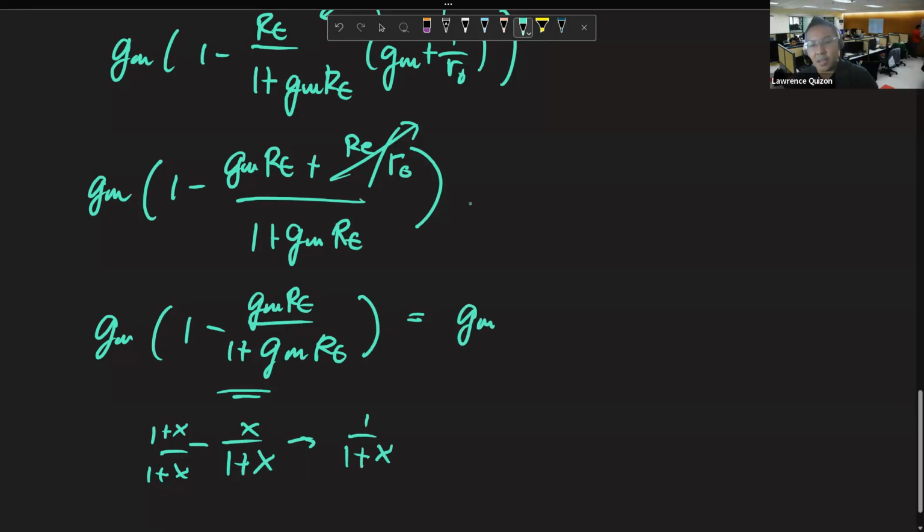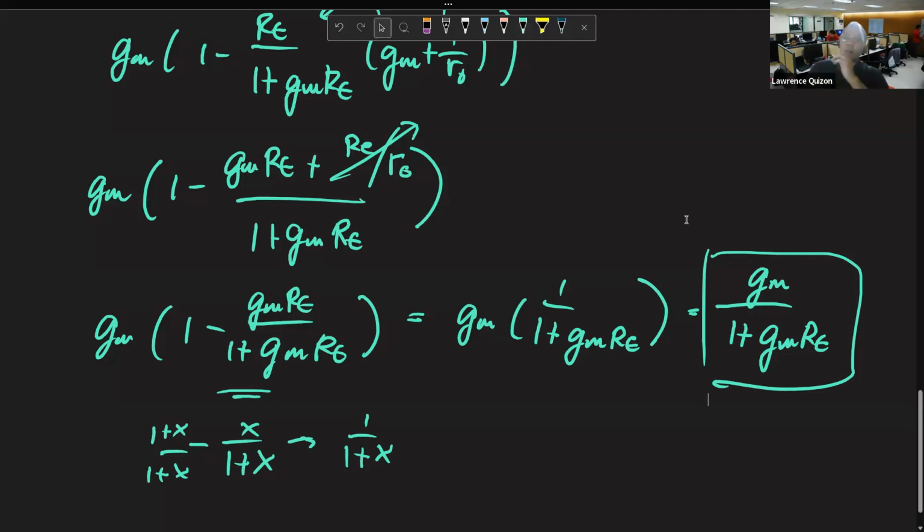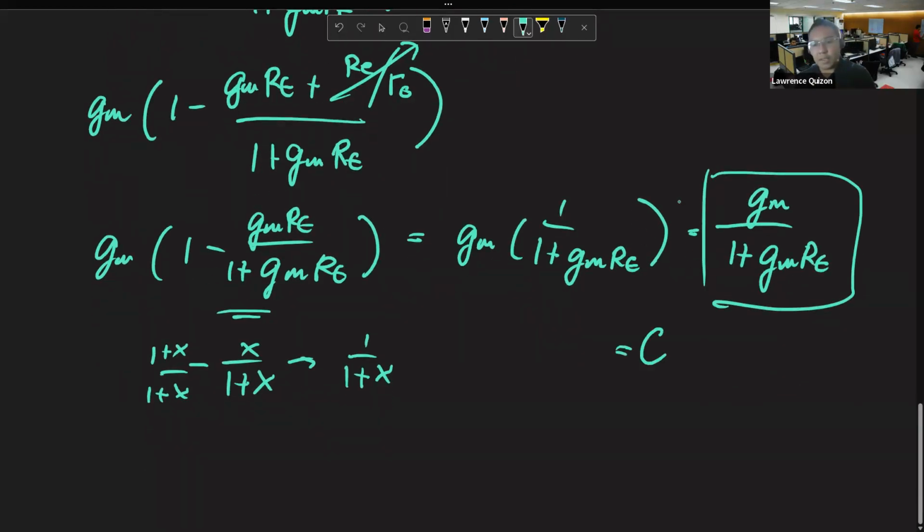So actually, this becomes GM times 1 over 1 plus GM RE, no? So in fact, this is just GM over 1 plus GM RE, no? And this is the GM prime, all right?